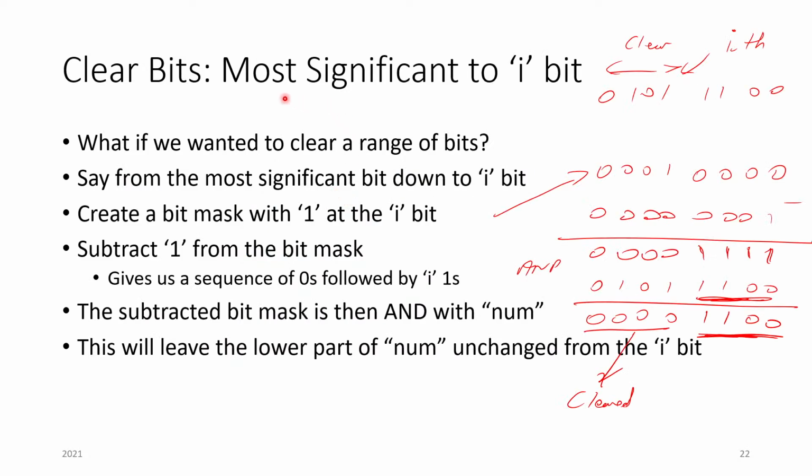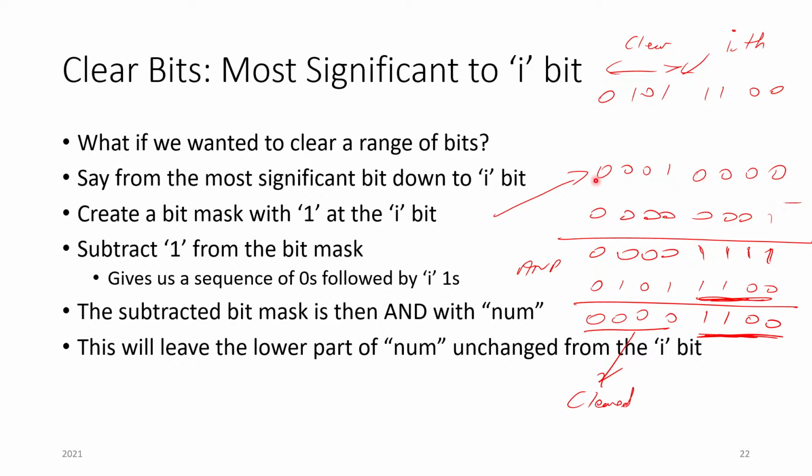If we wish to clear a sequence of bits, so let's say from the most significant bit down to some ith bit, these bits here must be 0, but all the other bits must be 1. So in order to do this automatically, we make sure that we have a bit mask here with 1 at the ith bit.